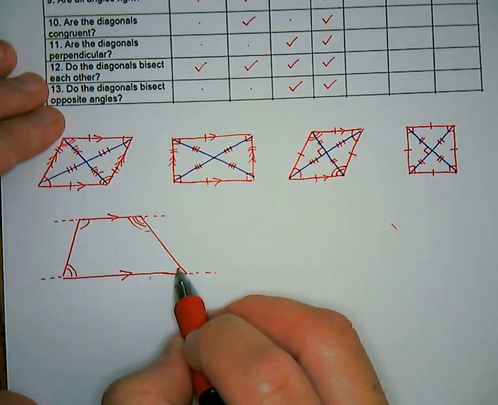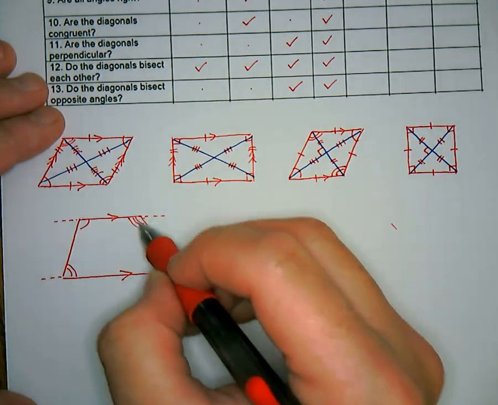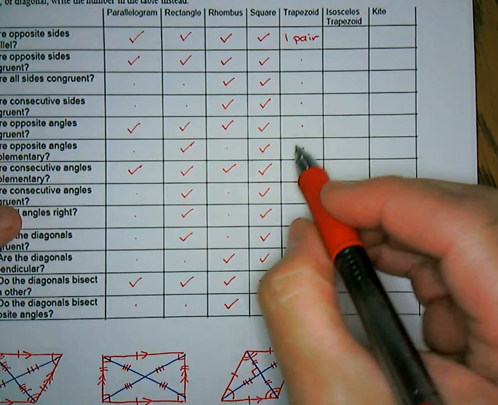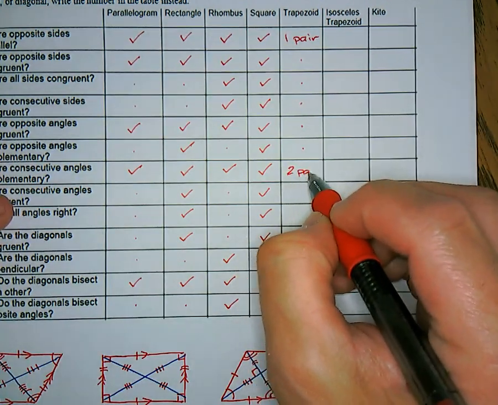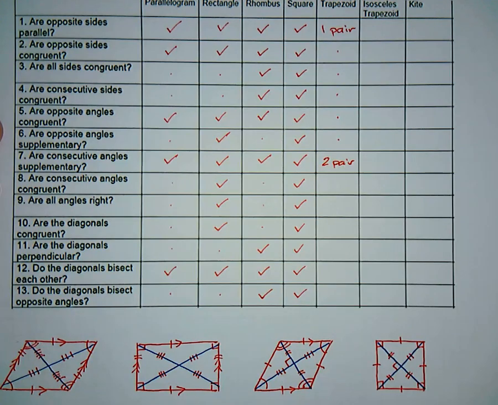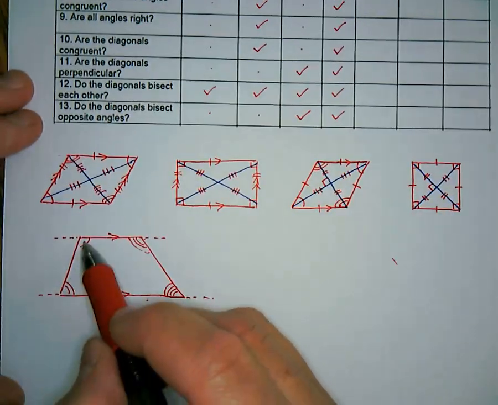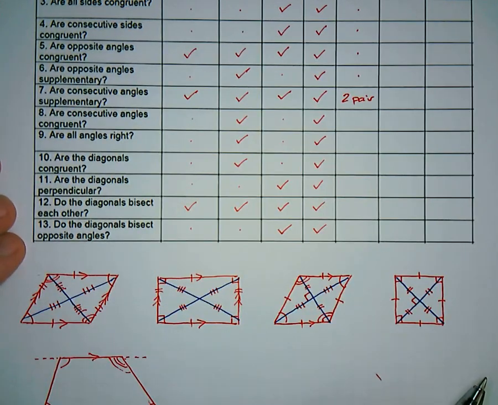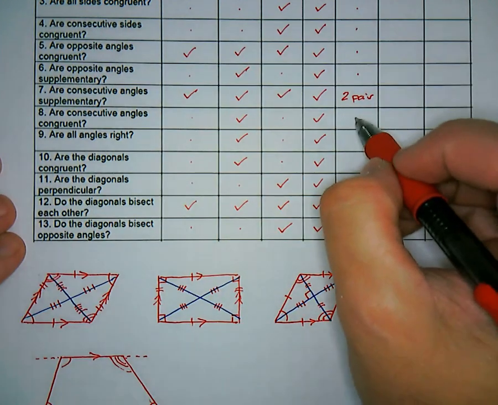This angle and this angle, if you add those two together, they're going to add up to 180. Okay, so consecutive angles supplementary, two pair of them are. These two add up to 180, those two add up to 180. Are consecutive angles congruent? Absolutely not.